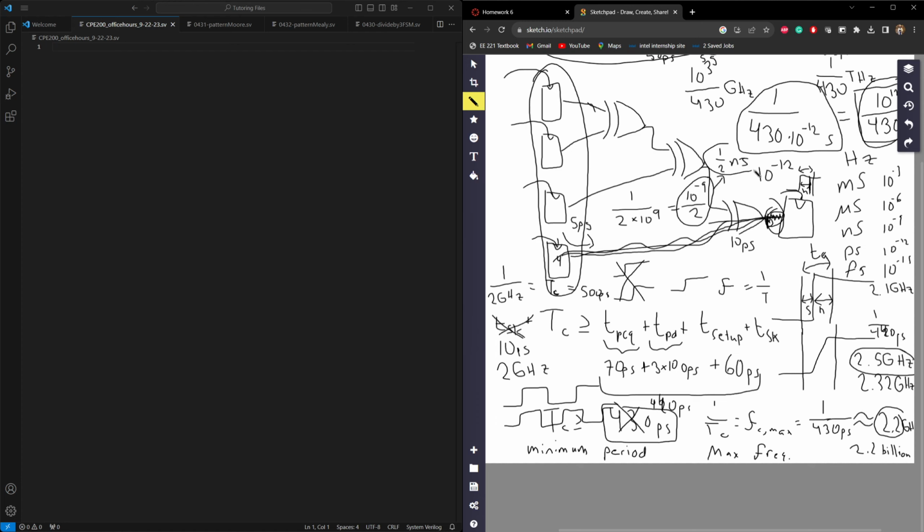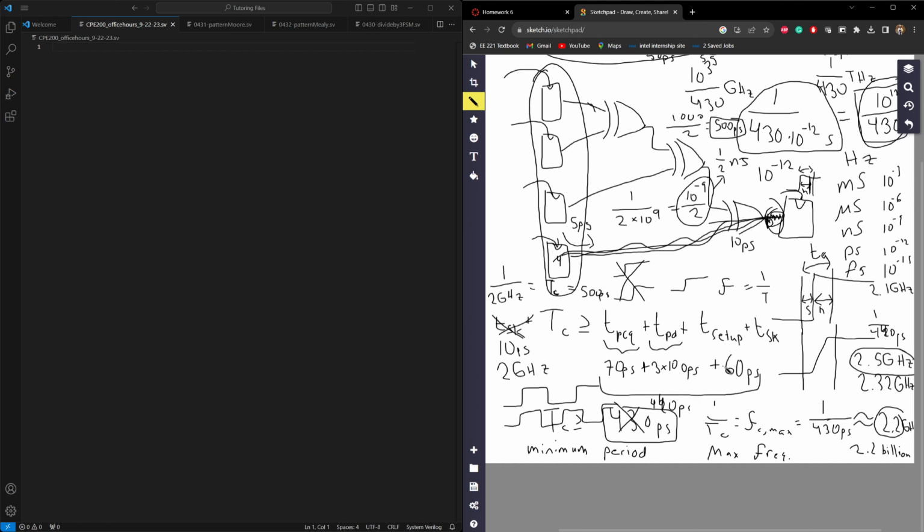If you were to multiply this by 1,000 to go down to picoseconds, 1,000 over 2 is going to be 500. And so you get 500 picoseconds, or in other words, half a nanosecond. 1 nanosecond is 1,000 picoseconds, so half a nanosecond is 500 picoseconds. So that's one way you can get it.